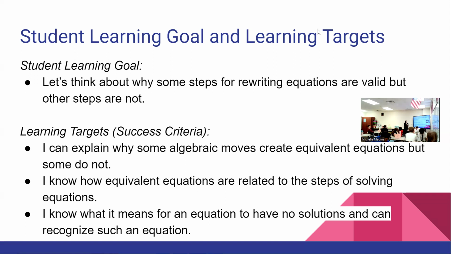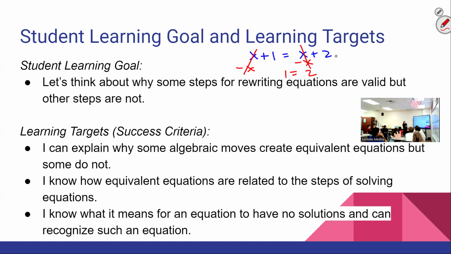That's like having, for example, x plus 1 equals x plus 2. There is no value of x that will make that true, no matter what you do. You could try isolating it, moving the variables to one side by doing your inverse operations, but when you see that it ends up canceling out and you get something that is not true, that's a no solution situation.